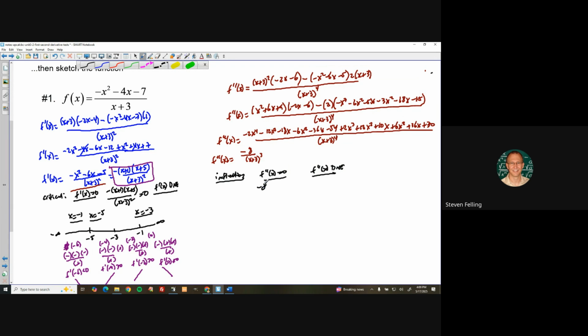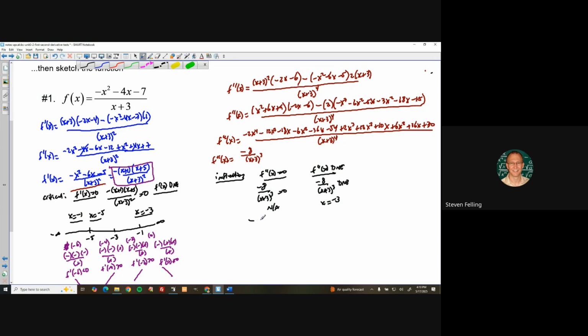So negative 8 over x plus 3 cubed would be 0 only if the numerator was 0, so that does not occur. But this would be undefined whenever the denominator is 0, right? So it is undefined at one value. X is negative 3, because that would make me divide by 0.